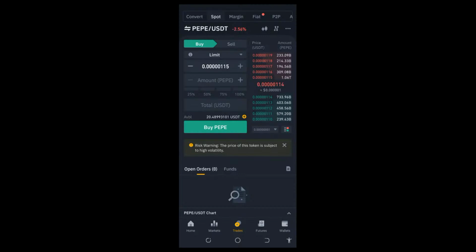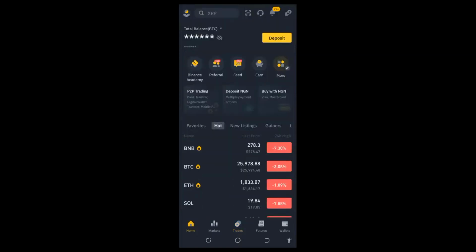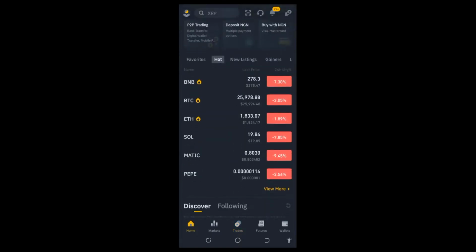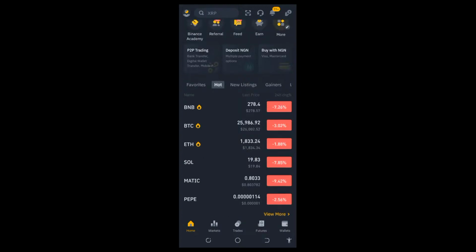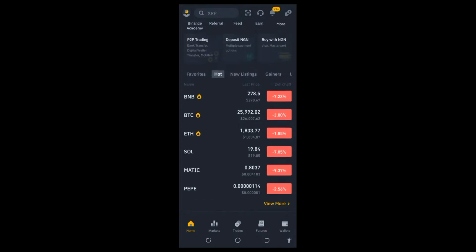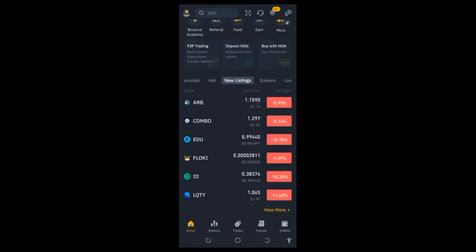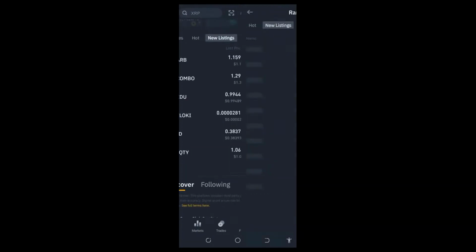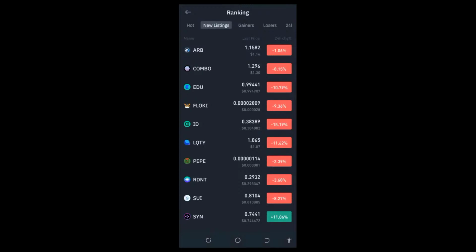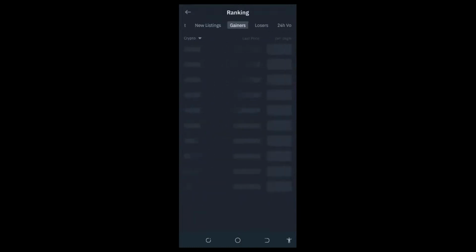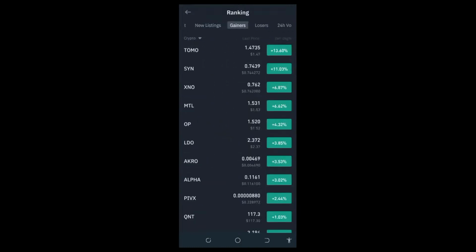But when I went back to check the status, I saw it was amongst the losers. Normally it should be on hot, but if you look at it on new listings, you might find it somewhere there. Pepe is on the new listings, but it's not high up, it's just somewhere down. If you look at the gainers, I don't think it's there for now.